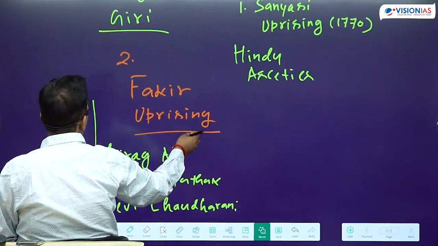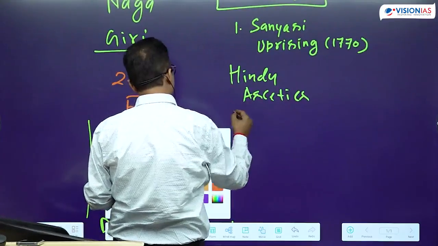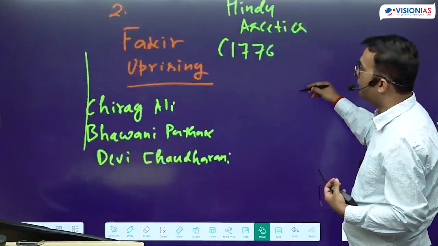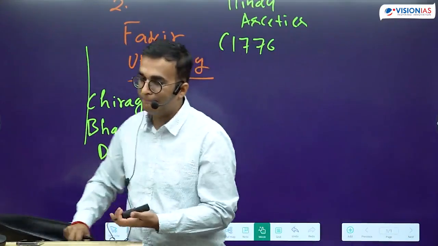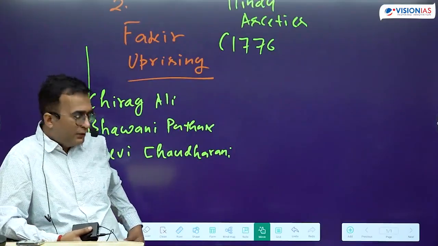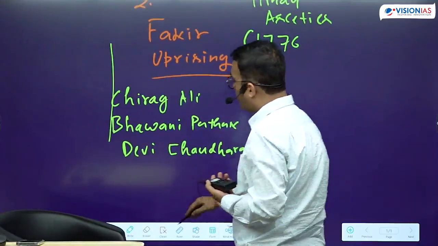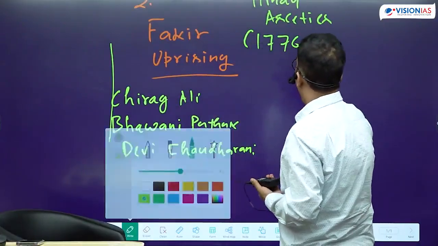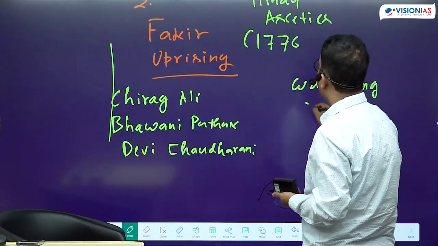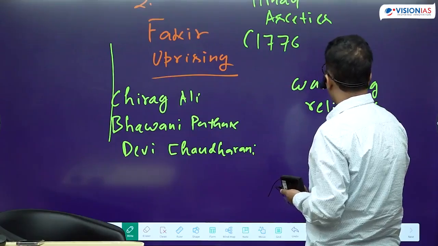Then, combined subtitle you write. The second one, write Fakir uprising, and the date of the Fakir uprising was 1776. Write this one below, Fakir uprising 1776. Then mention: Fakirs were wandering Muslim religious mendicants.